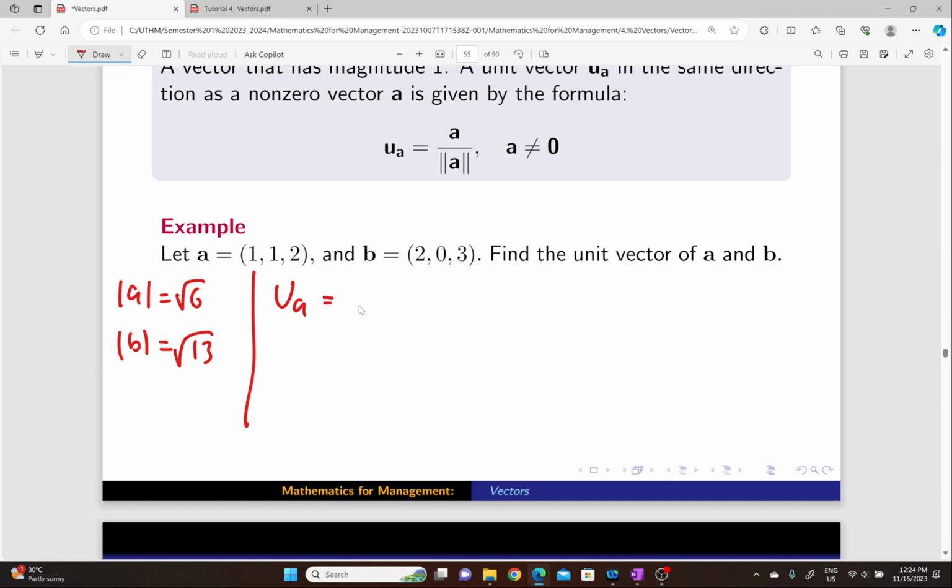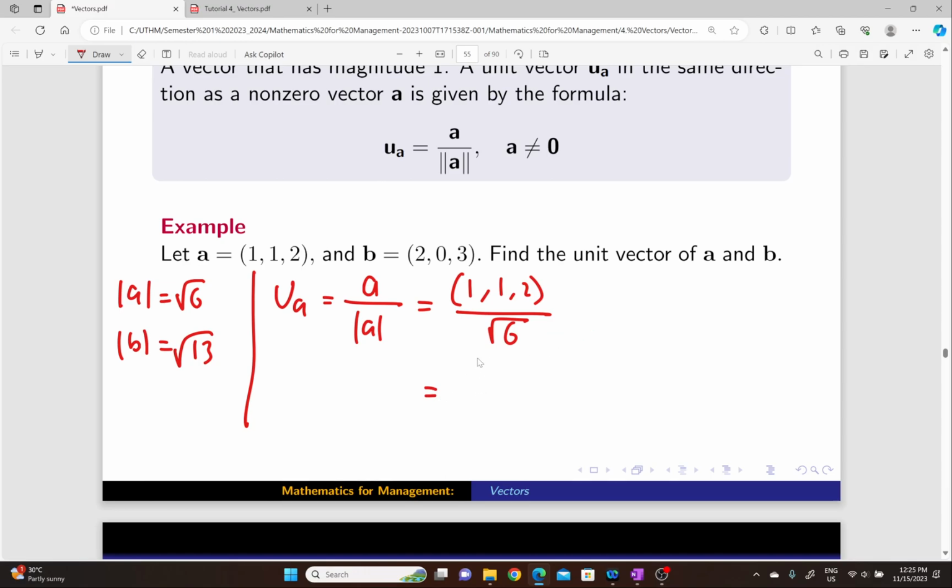So how to write the unit vector of A? A over its magnitude: my A is just now 1, 1, 2 over root 6.